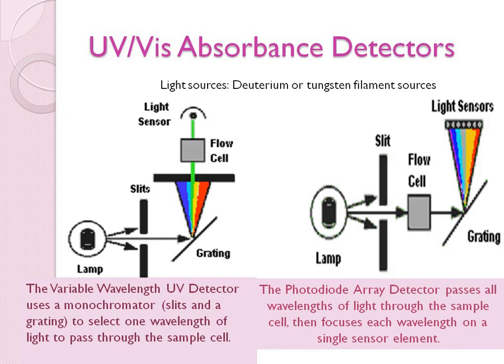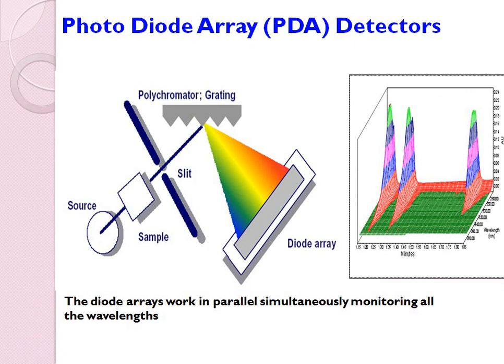But in the photodiode array detector, we are passing all wavelengths of light, not only monochromatic light, through the flow cell or the sample, and the detector is detecting all the wavelengths one by one, and like this we are getting the 3D spectra. The graph we are seeing over here is the 3D spectra.